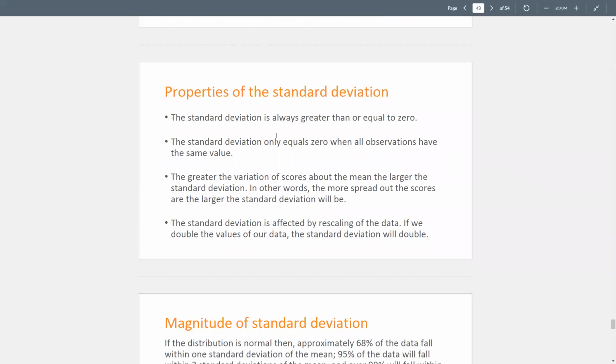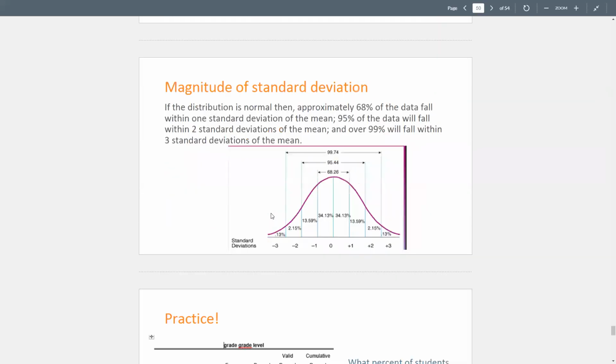You can read about different properties of the standard deviation. Some nice properties of the standard deviation, especially in terms of its relationship with the normal distribution. If your data are normally distributed, then around 68% of cases will fall within one standard deviation of the mean. Around 95% of cases will fall within 2 standard deviations of the mean.